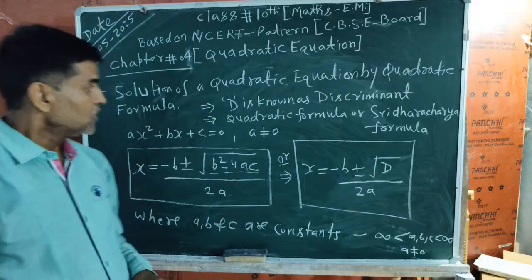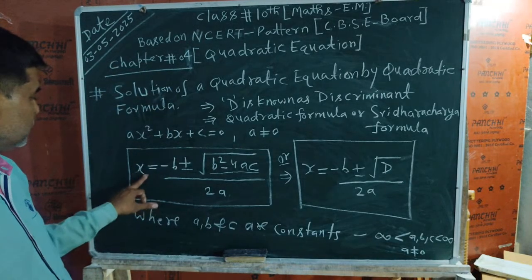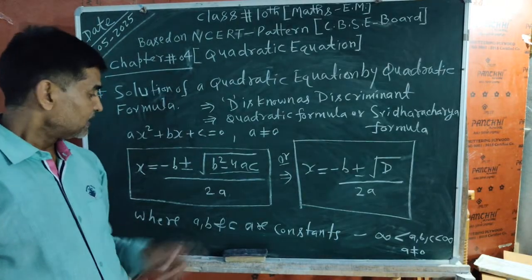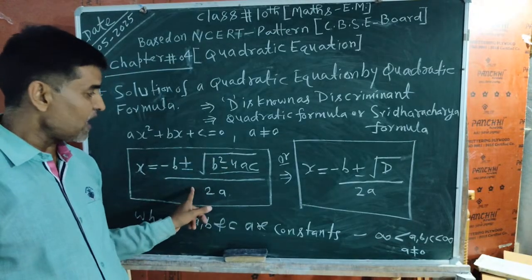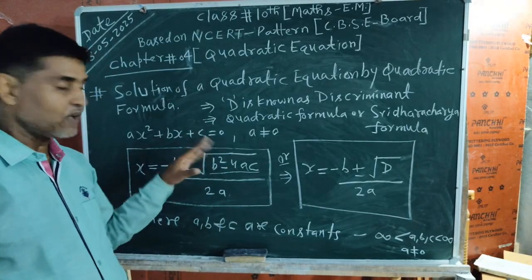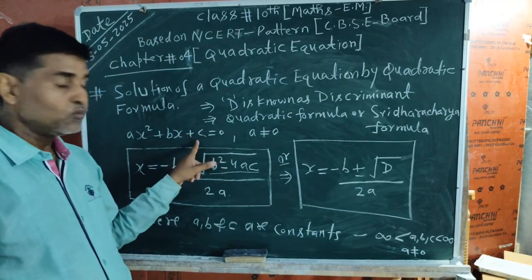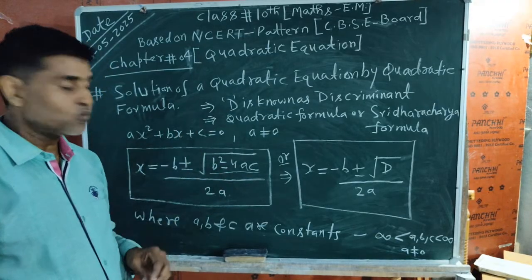Okay student, so according to this formula, if any quadratic equation is given, I will compare this general equation, which is written in quadratic form, with the given particular quadratic equation.